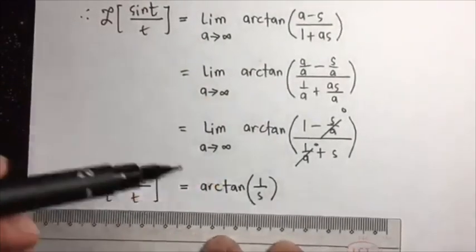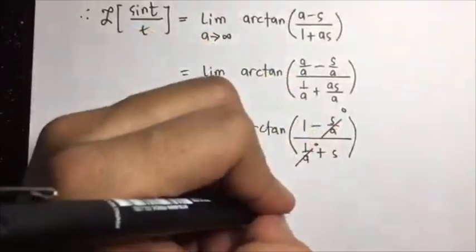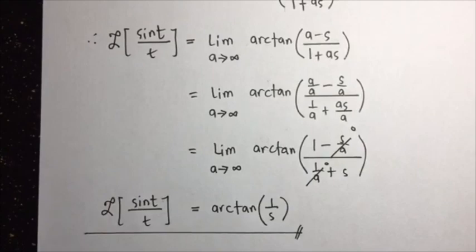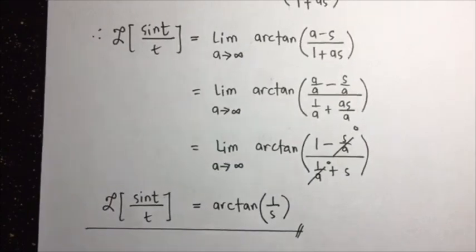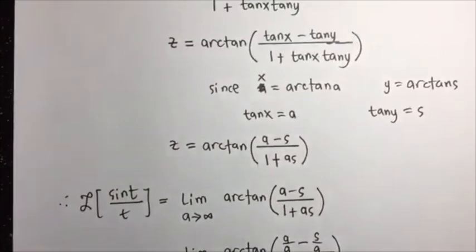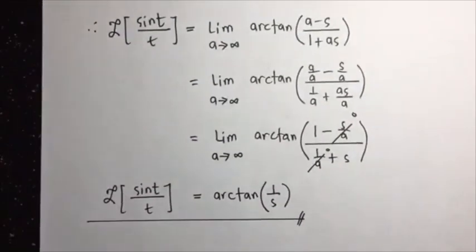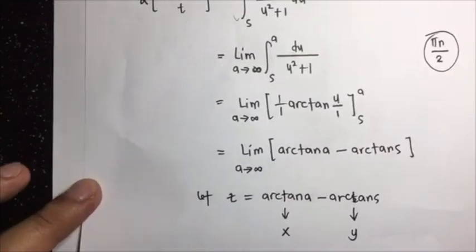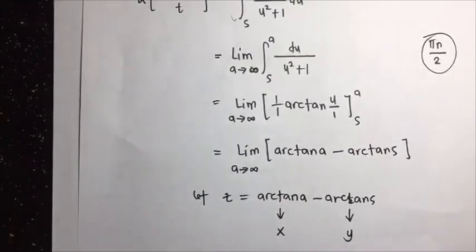Okay, so this division property is very tricky, because it has an infinite limit. So we must make sure that when we substitute the limit approaching infinity, it will not be indeterminate.